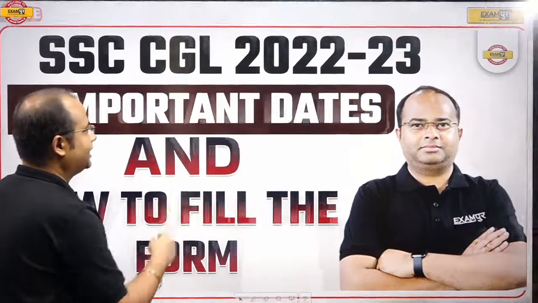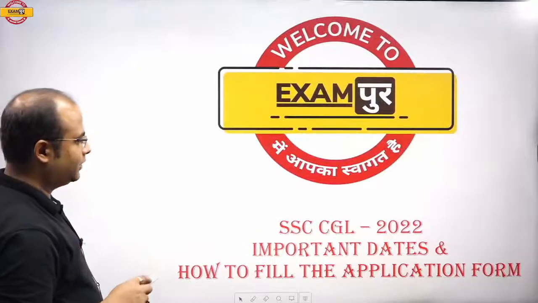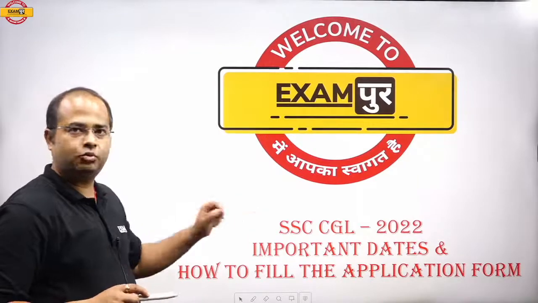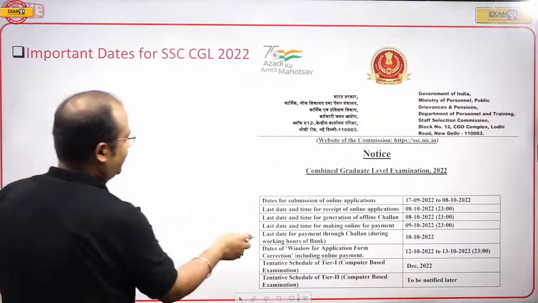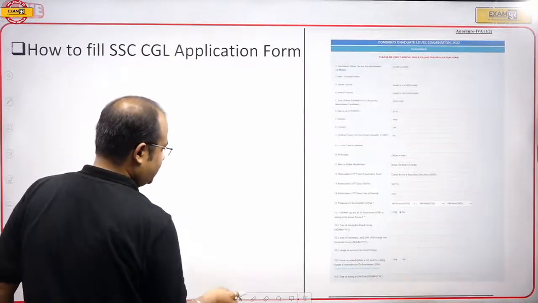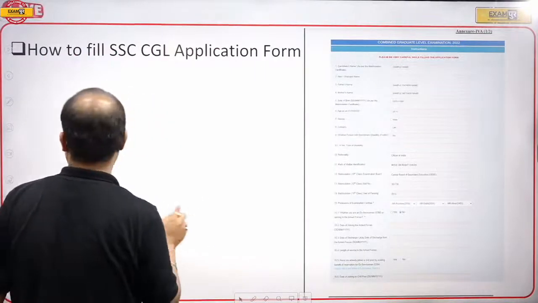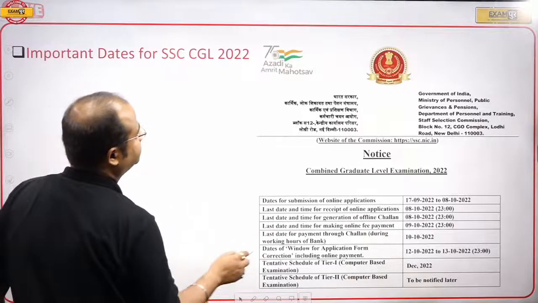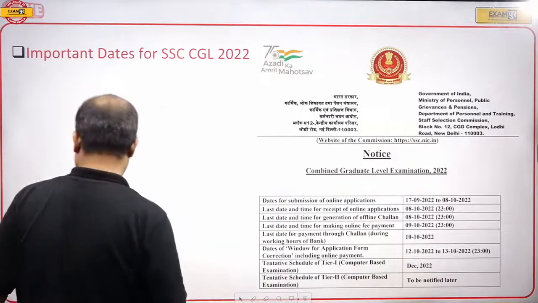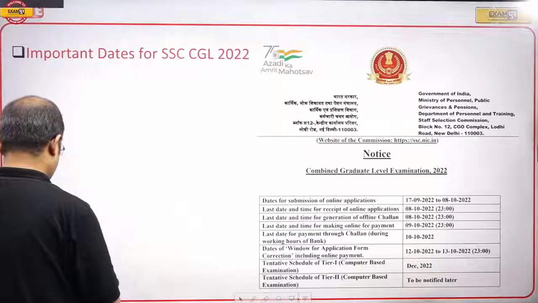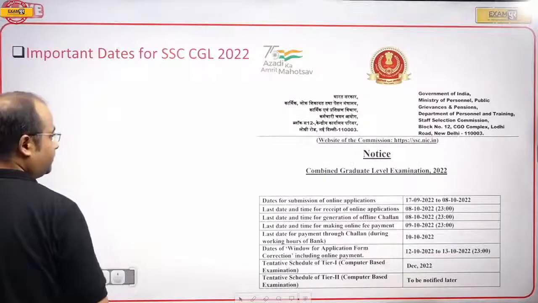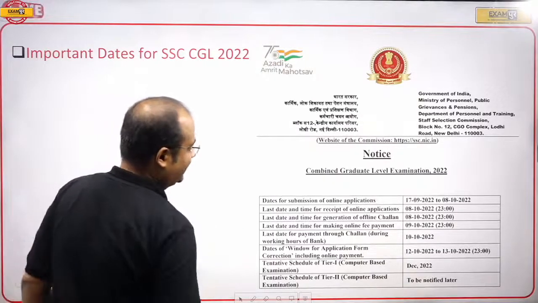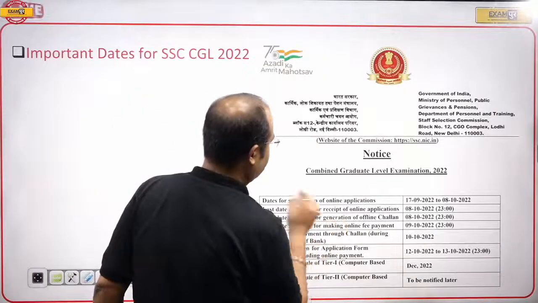So let's start the session. First of all, how to fill the form of SSC CGL 2022. See, first of all, the important dates for the SSC CGL when you have to fill the form.